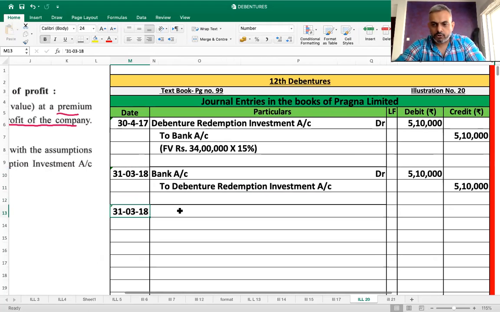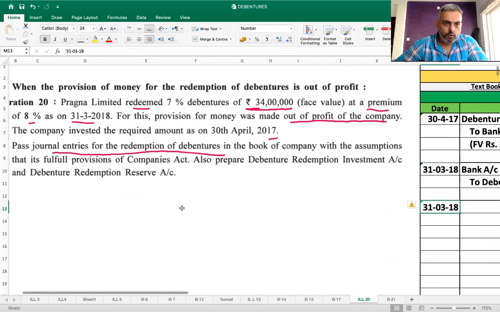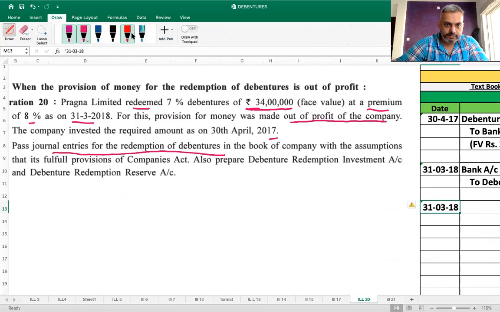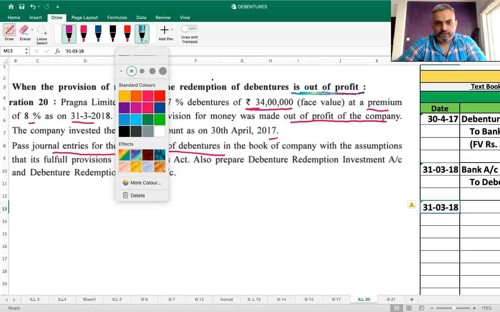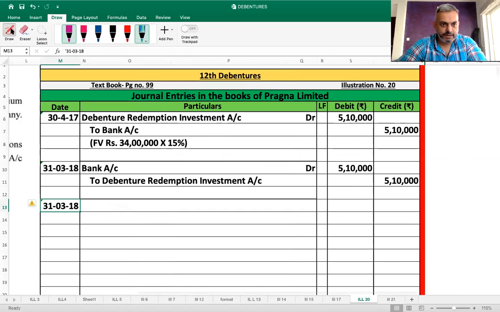Next, now we have to transfer the amount to debenture redemption reserve. Because it is over here out of profit, what we will do is we will transfer the full 100% of the face value to be redeemed to debenture redemption reserve account.